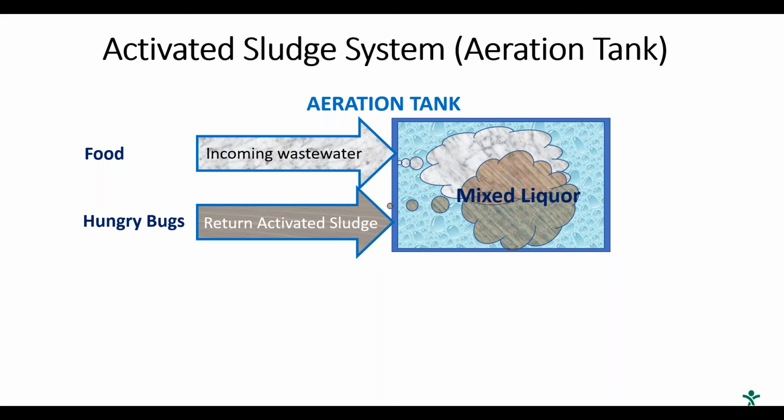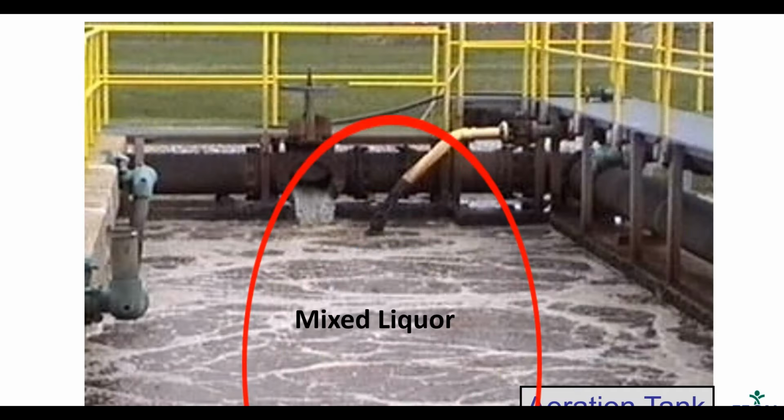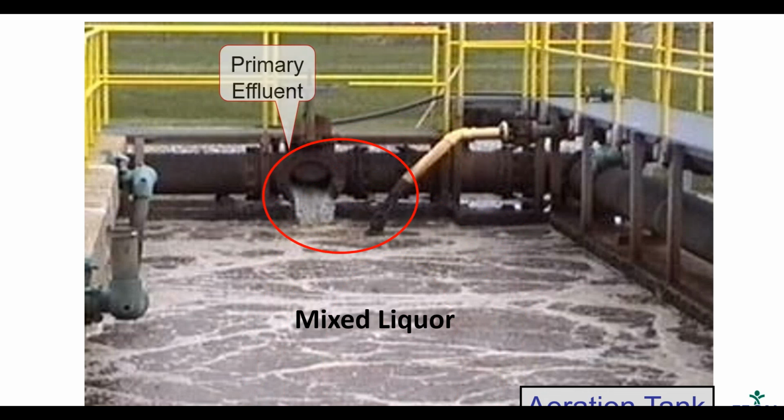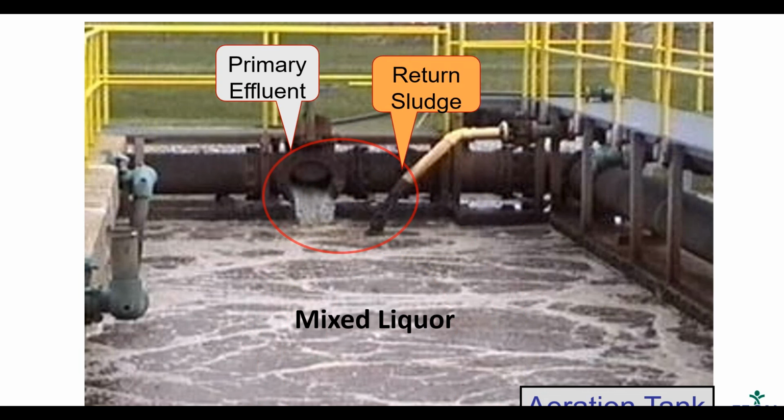Now here is an actual photograph of an aeration tank. This is at the beginning of the tank. You see the primary effluent coming in. That's the effluent from the primary clarifier, remember? It looks relatively clear compared to that return sludge. It's settled sludge, so it's somewhat thickened, and it's bringing those microorganisms back to the beginning of the aeration tank.